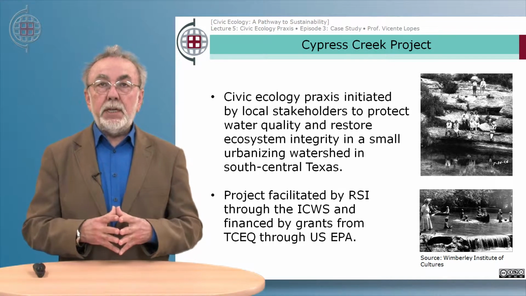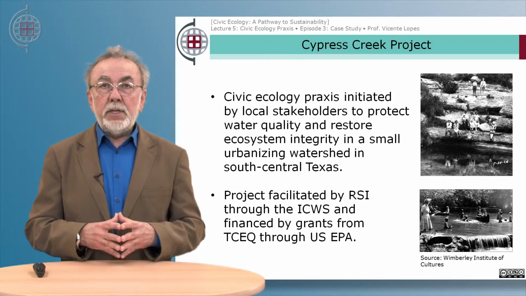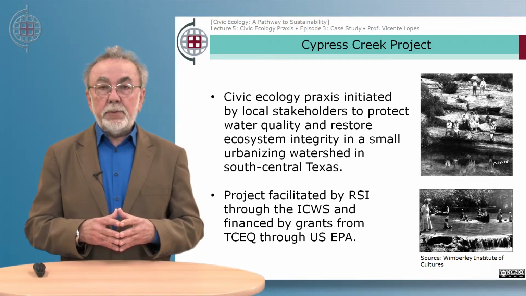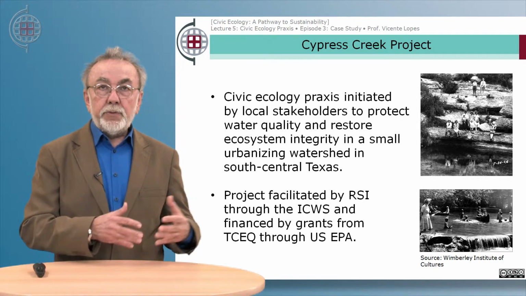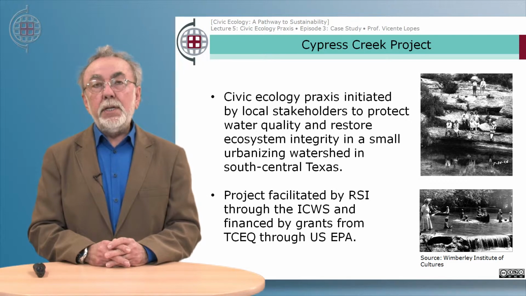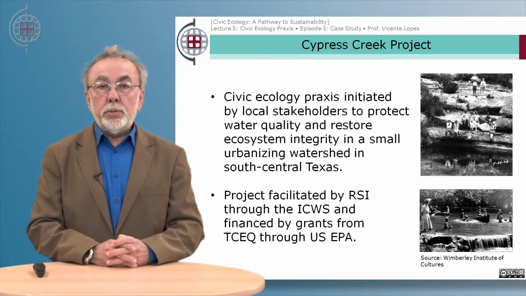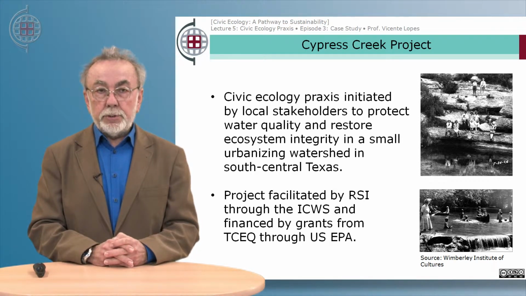So as you can see, this seems to be a very appropriate context for civic ecology to succeed because instead of approaching a community, we at the university, Texas State University, were approached by the local stakeholders, who were concerned about water quality and watershed issues.